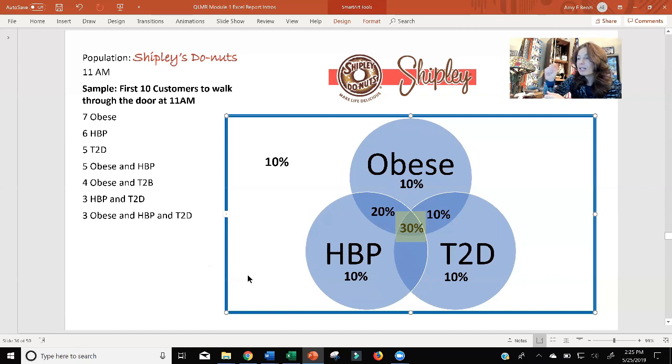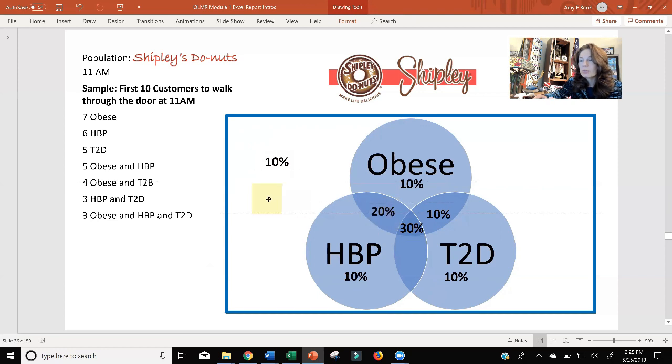But in this case, I would say that if I sat in Shipley's Donuts at 11 a.m. and out of every 10 people who walk through the door, 30% of them are likely to have obesity, high blood pressure, and type 2 diabetes. It's likely that only 10% of those people have none of these 3 diseases. It's likely that 20% of the people are going to have obesity and high blood pressure.